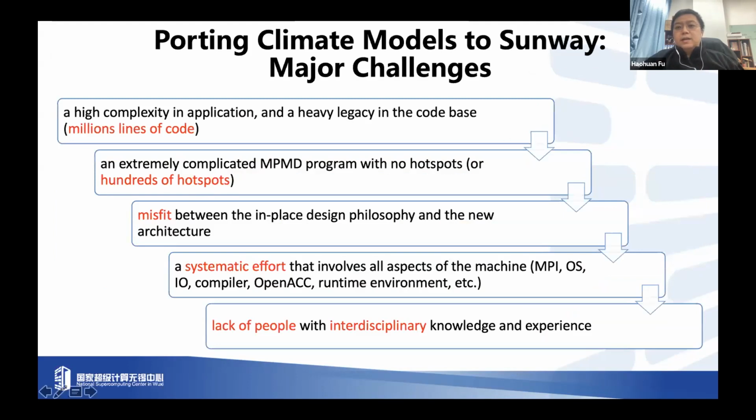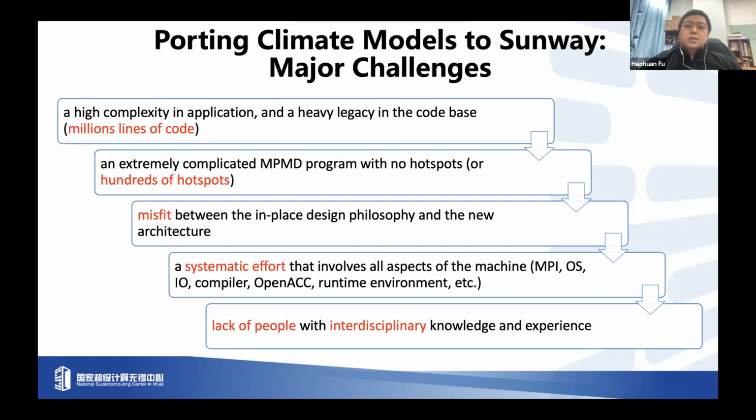So in this slide, I show some of the major challenges I see in this process. Of course, I think some scientific codes in other domains also share the same challenges when we switch from one architecture to another architecture. The first one is, of course, the complexity of the code.